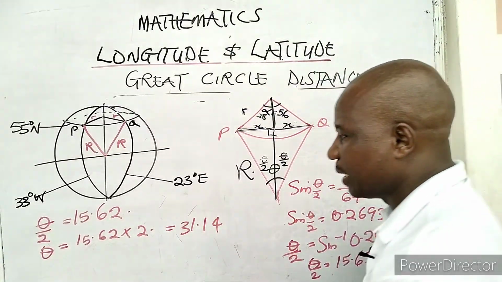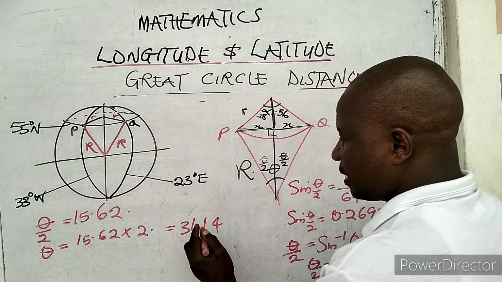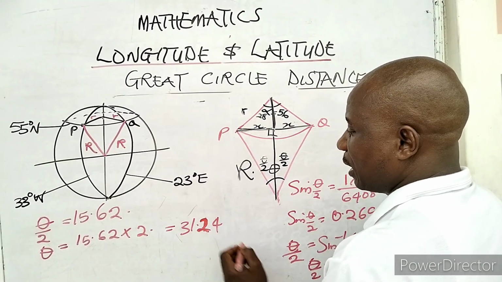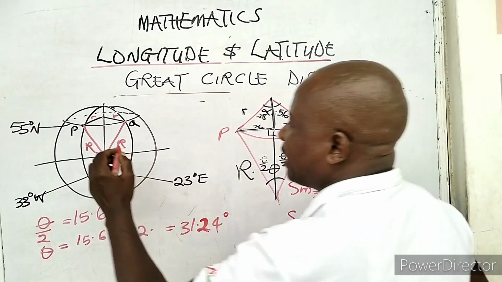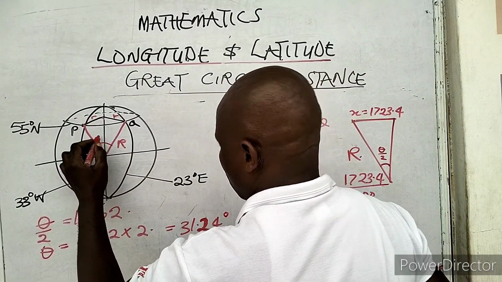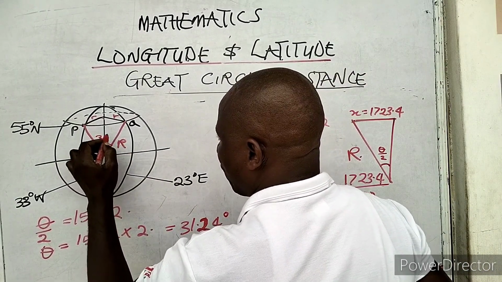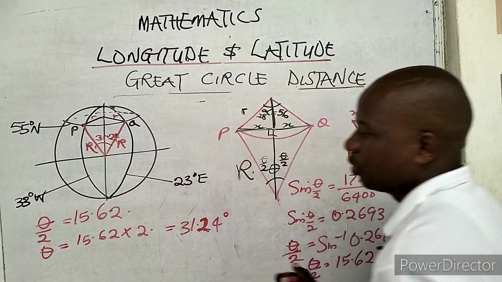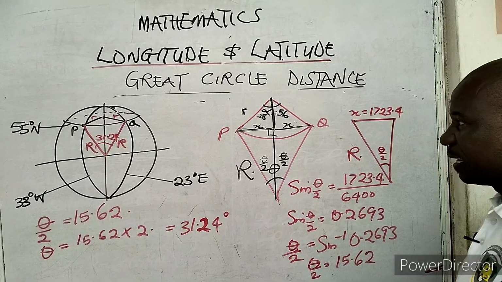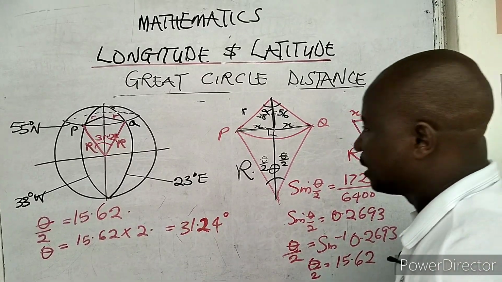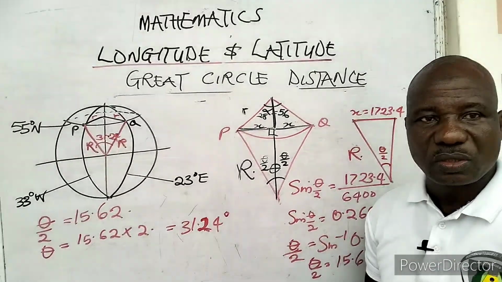So it means this angle is now 31.24 degrees. The angle at the center is now going to be 31.24. That is what I will use to calculate my distance along the great circle. Is that understood?